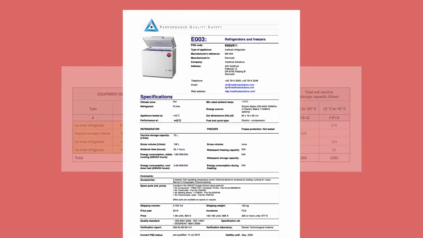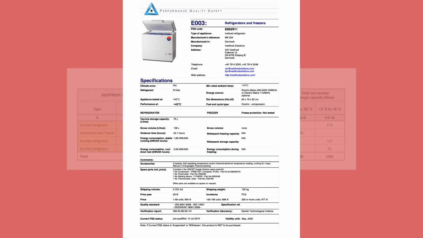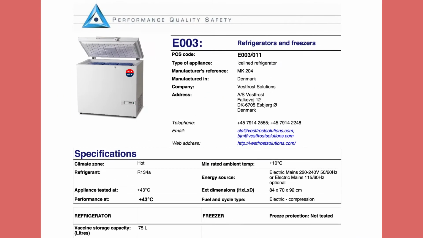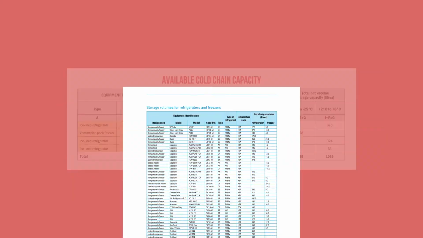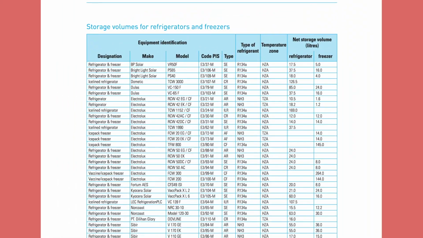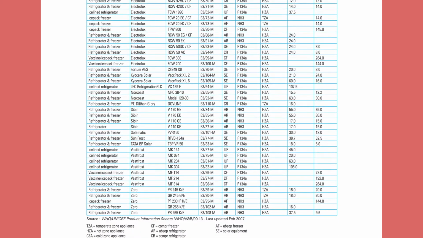You can find these details in the WHO or UNICEF product information sheets, such as the one shown here, or the manufacturer's data. Or your program may use a table like this one, listing details and storage volumes for common refrigerators and freezers.